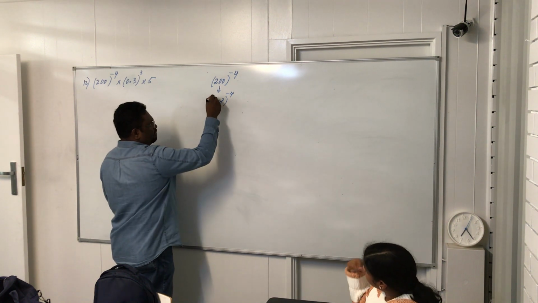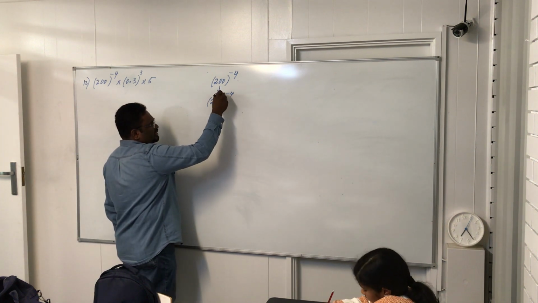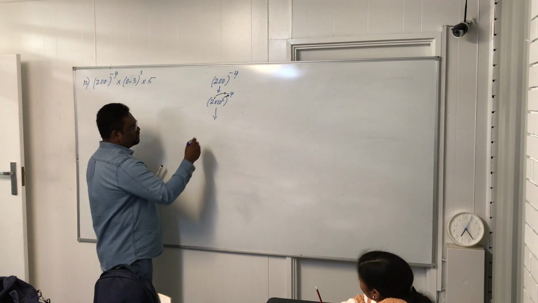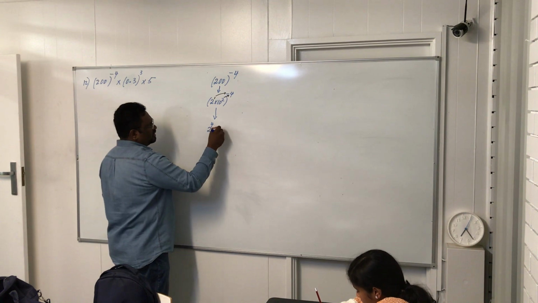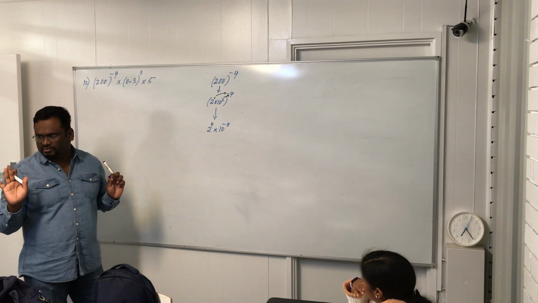You can see power 1 here. Power of a power: you are going to multiply this with this with that. So when you do that, you get 2 to the 4 times 10 to the minus 8. Right? Game over.